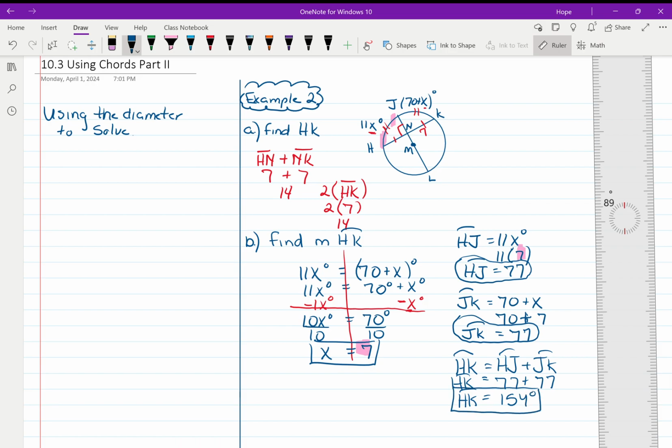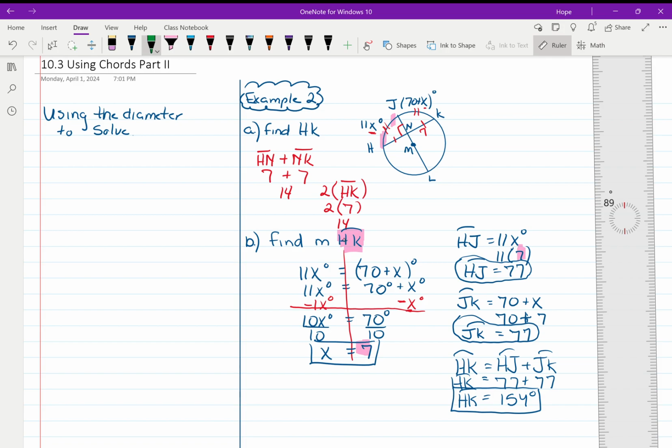So what you will notice is that you will have several components that they may ask you for. So you have to be prepared to say, what are they asking me? In our original problem, we were finding h to k. The first step we did was we found x.